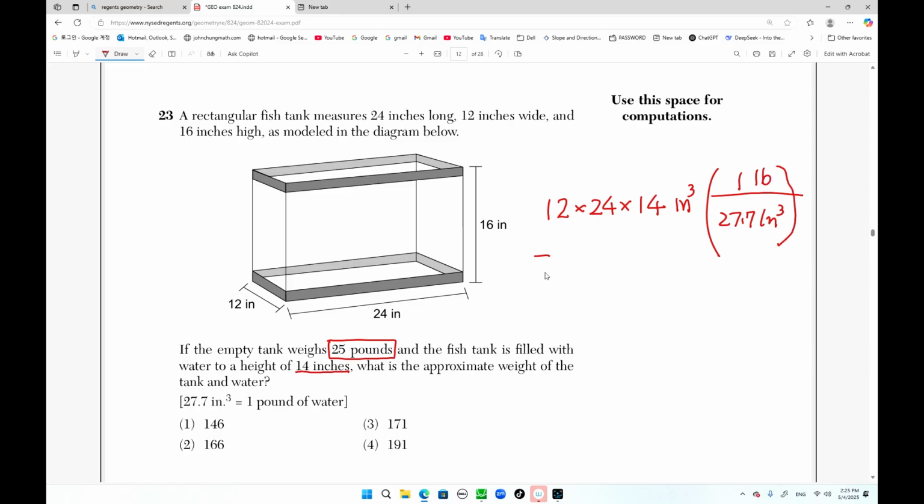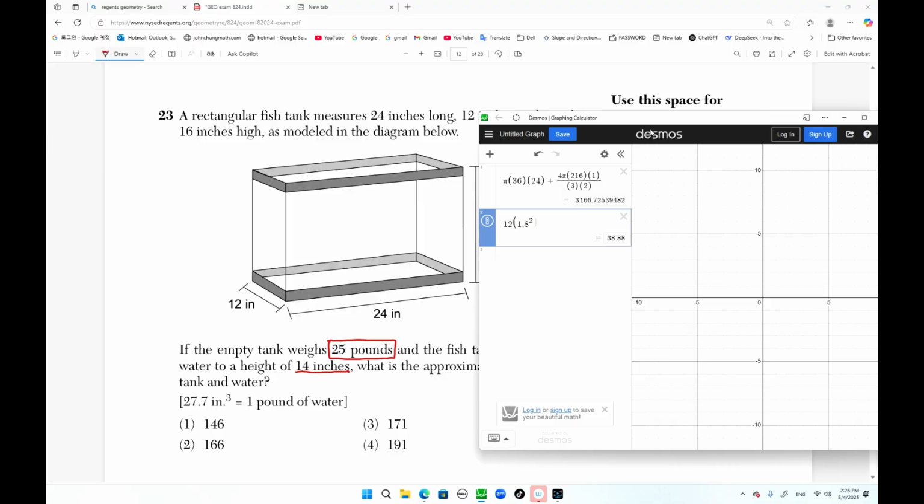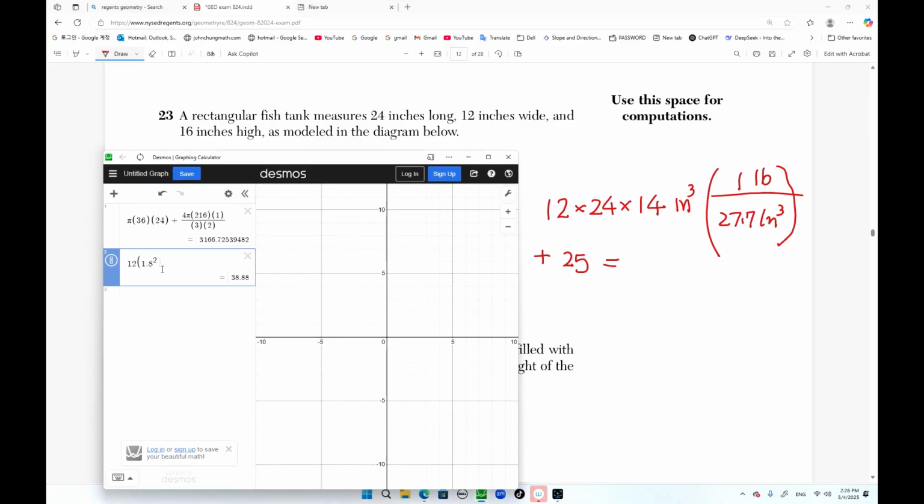From here, we're going to find the fish tank is only 25 pounds, right? So use decimals. Times 24 times 14 times 1 pound.